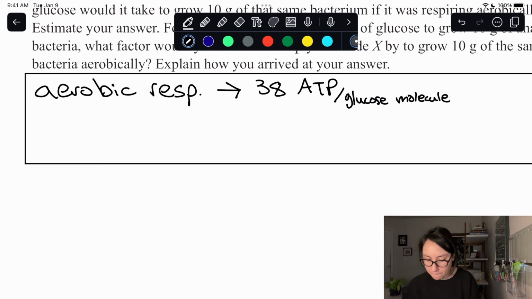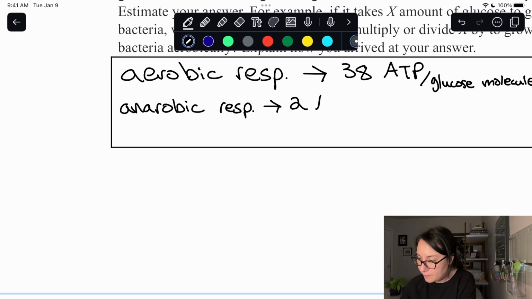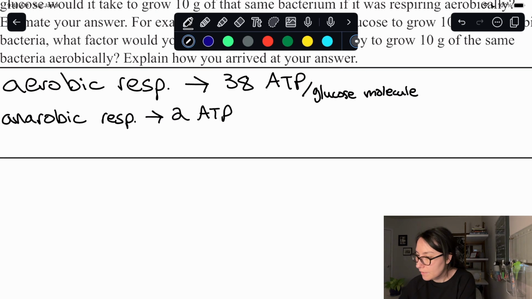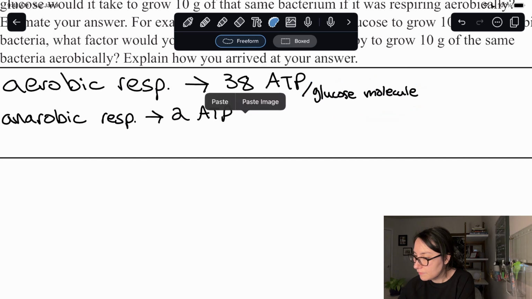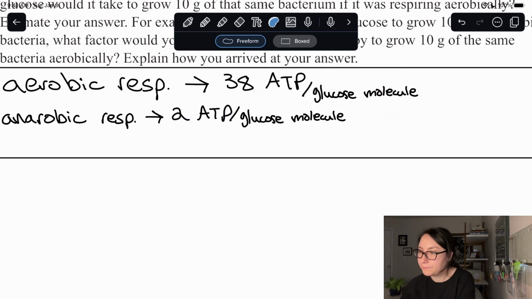Okay? And you already know that anaerobic respiration produces about 2 ATP. And I'm just going to do this as a fast per molecule, or glucose molecule.